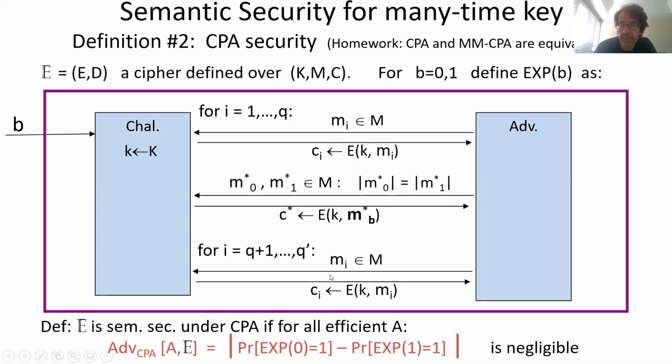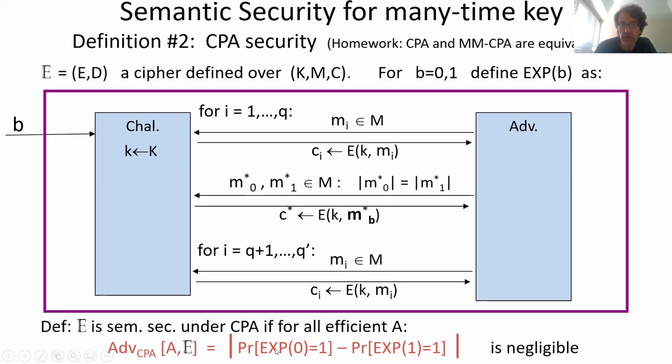Then, after seeing the ciphertext, he might continue making chosen plaintext attacks. In particular, these messages could be related to these. They also can be related to the ciphertext. And he gets an encryption of whatever he wants. Only then he has to decide the bit.